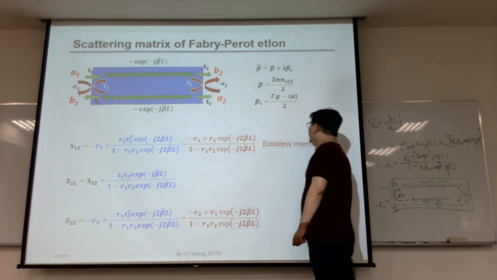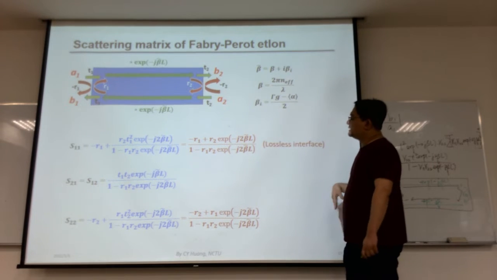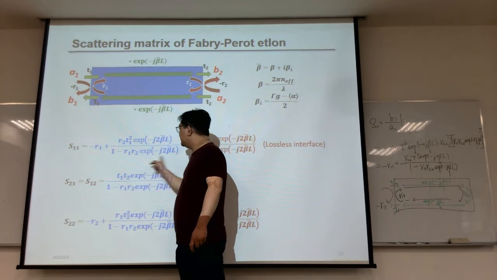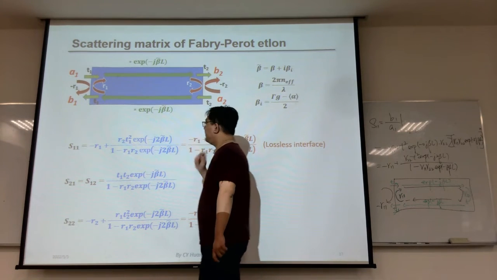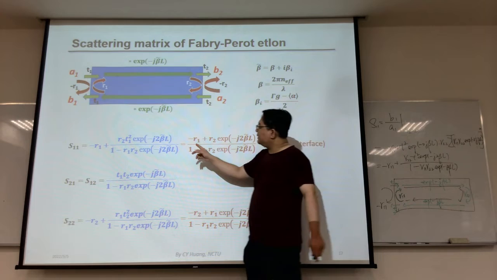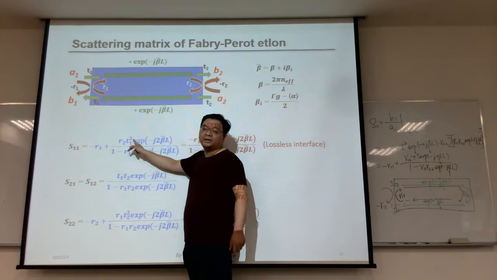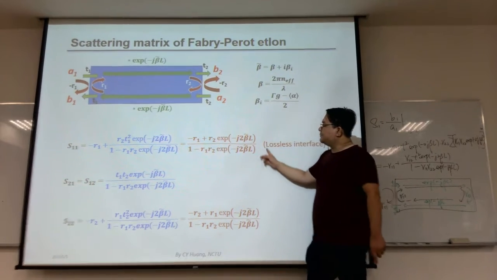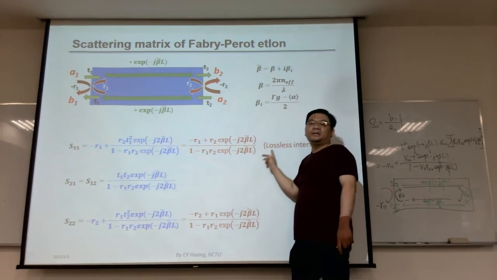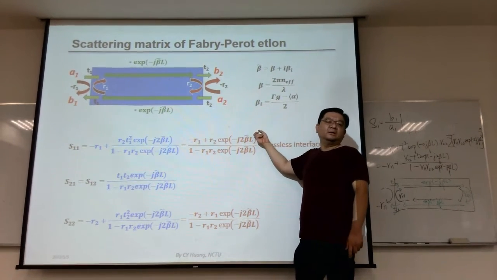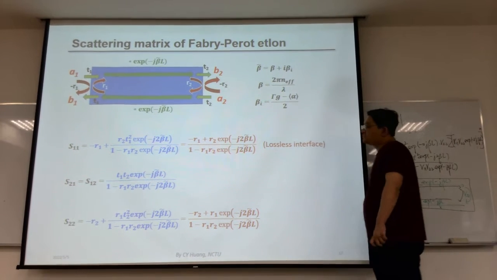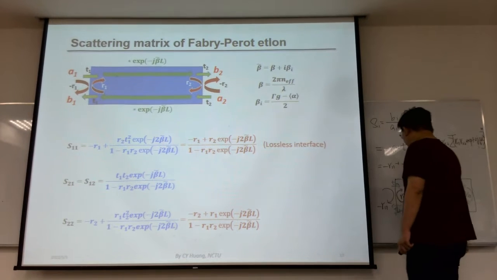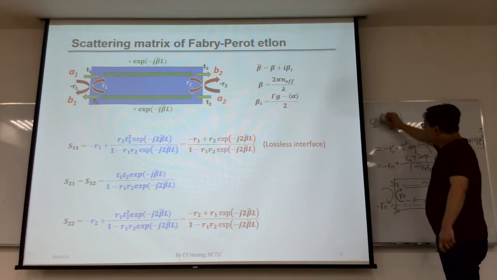If the interface is lossless, we can further reduce it by putting the denominator back, and let T1 squared be 1 minus R1 squared. Then it can be simplified like this expression.